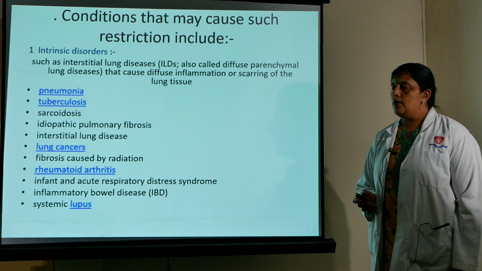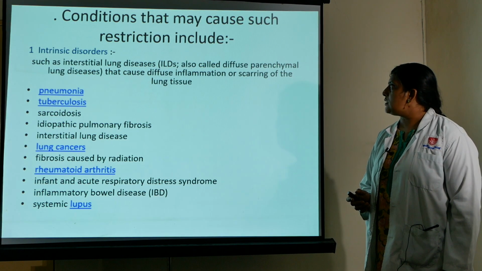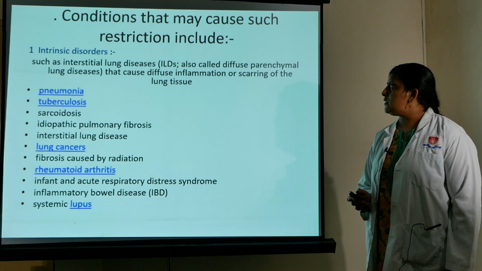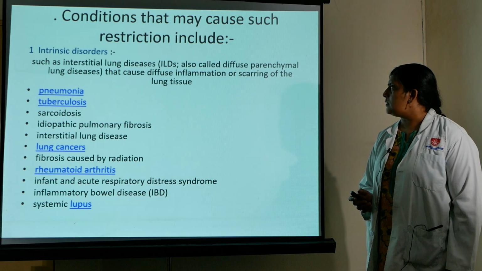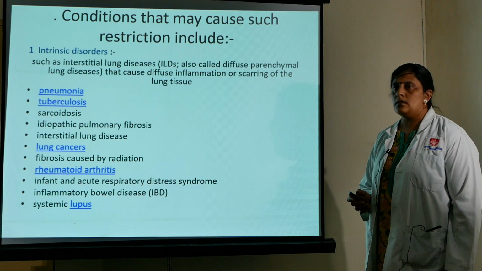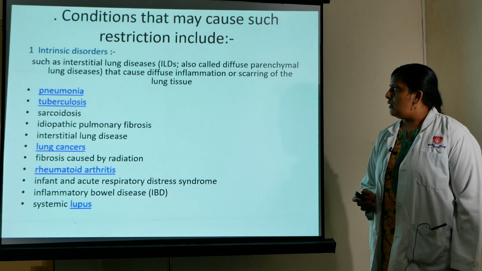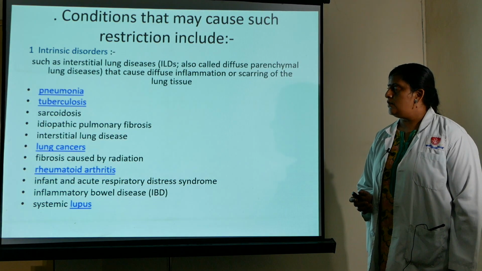Next, we are going to talk about the conditions that may cause such restriction. The intrinsic disorders like interstitial lung disease, also called diffuse parenchymal lung disease. It causes diffuse inflammation and scarring of the lung tissue. Pneumonia is another cause.